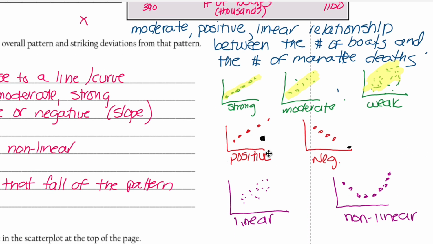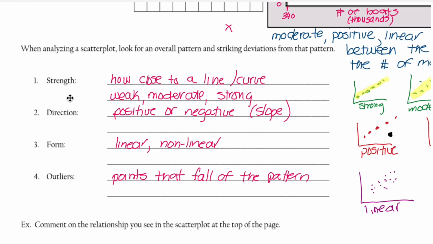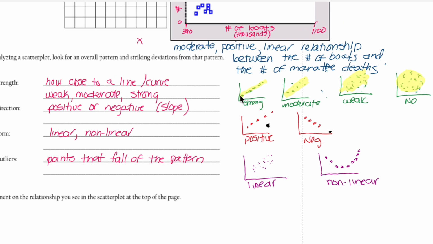And right now, I drew some different scenarios for the four components we just talked about. Talking about the strength again, if it's a strong relationship, then you can see most of the dots lined up along one straight line.